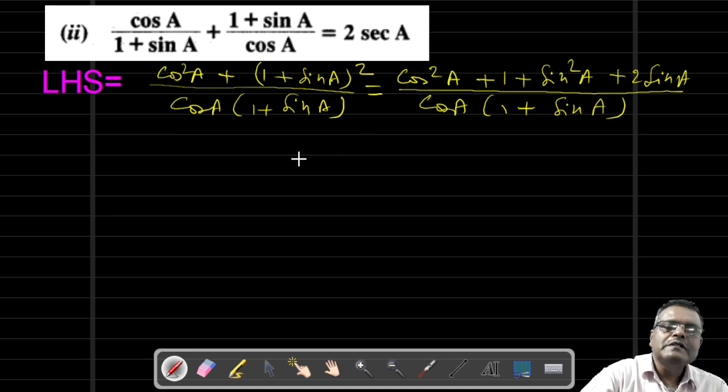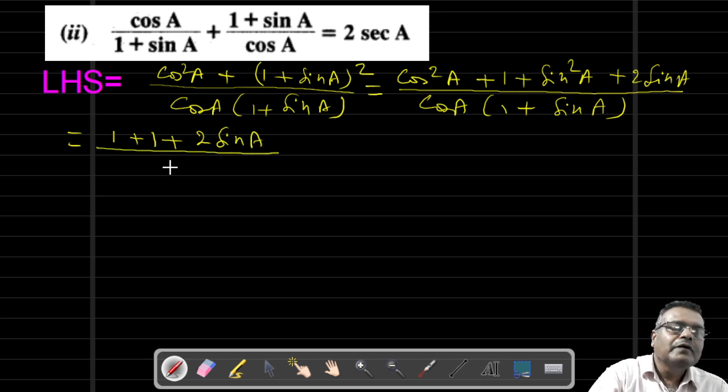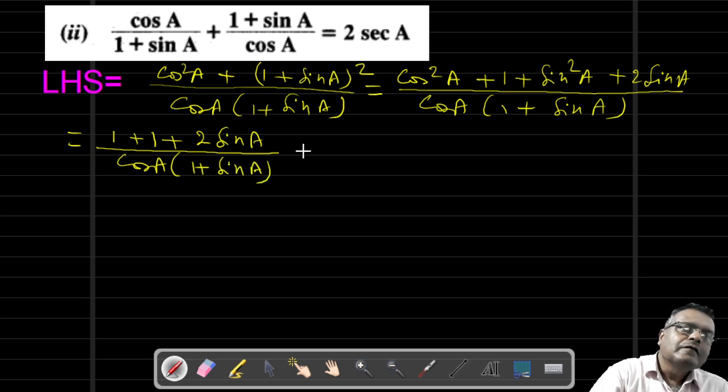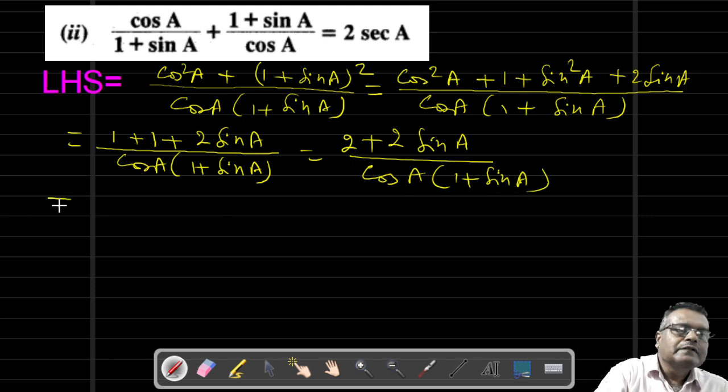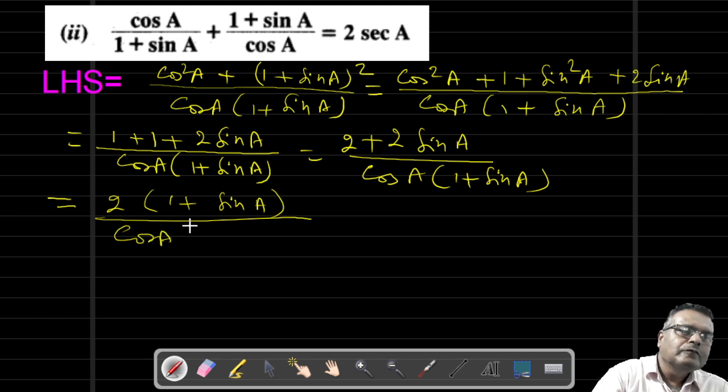So cos square A plus sin square A is 1. So 1 plus 1 plus 2 sin A, divided by cos A into (1 plus sin A). So 2 plus 2 sin A divided by cos A into (1 plus sin A). 2 is taken common, then (1 plus sin A) divided by cos A into (1 plus sin A).